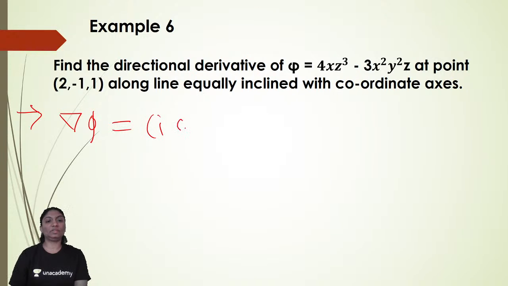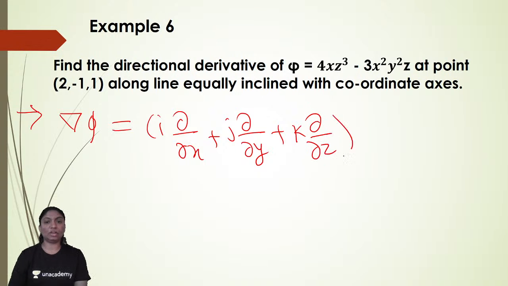Del phi is equal to i del by del x plus j del by del y plus k del by del z of 4xz cube minus 3x square y square z.